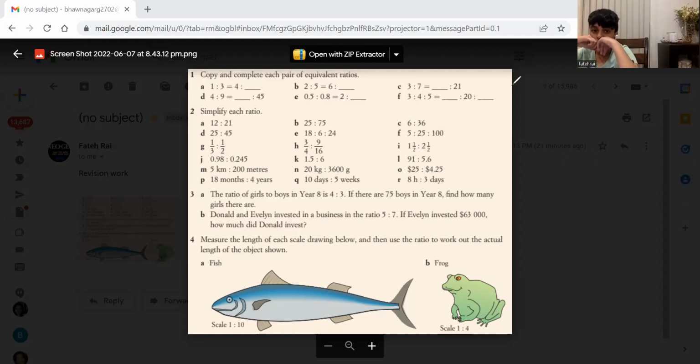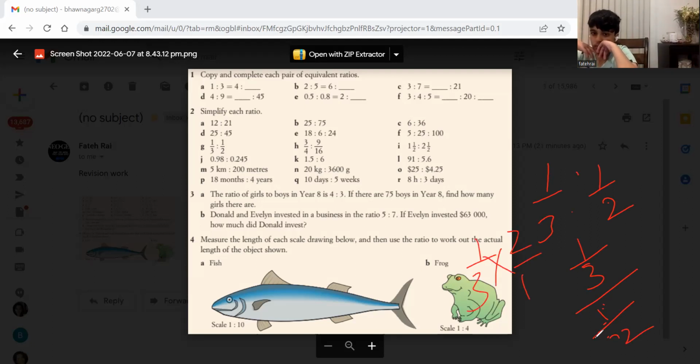Okay, I'll do one for you. 1/3 is to 1/2 means 1/3 divided by 1/2. So I can write it as 1/3 into 2/1. So it's ultimately 2/3.